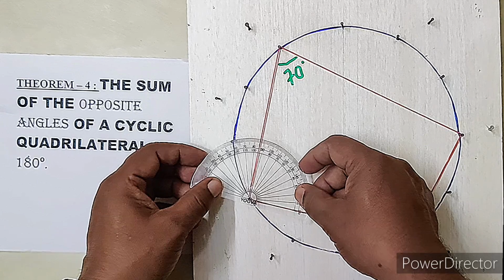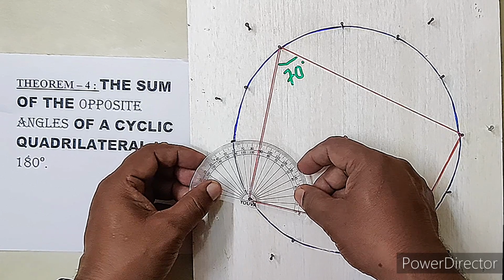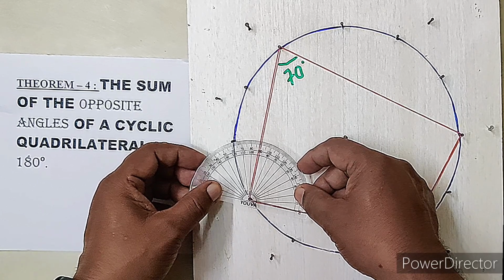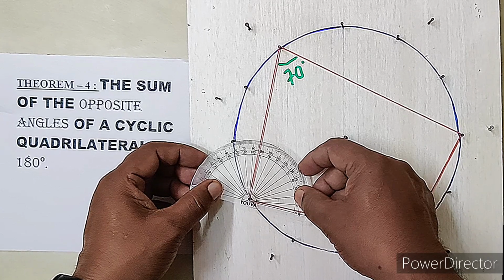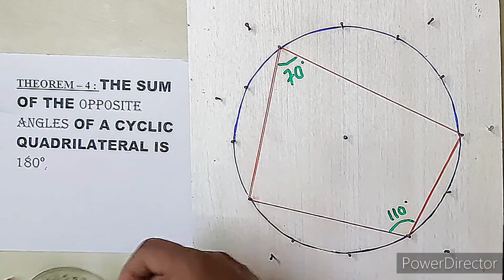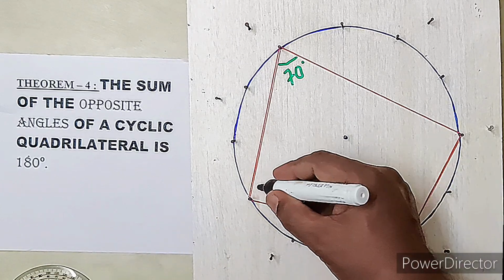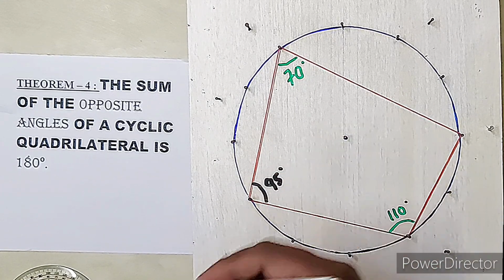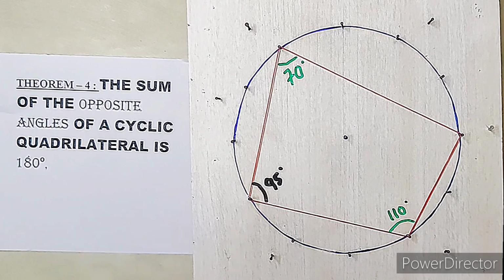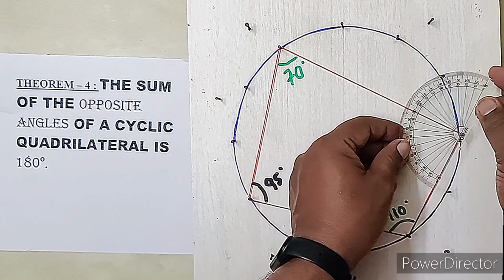This one is giving me very close to, let me adjust it properly, close to 95 degree. Okay, so let me write this one as 95 degree. Now let us measure this.